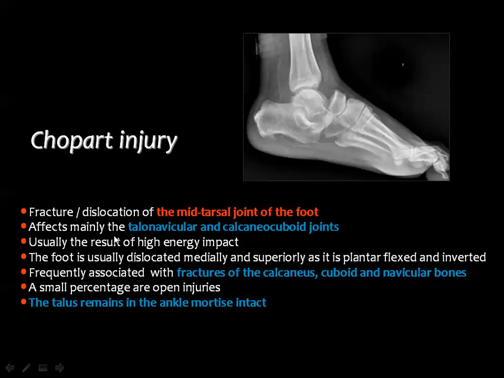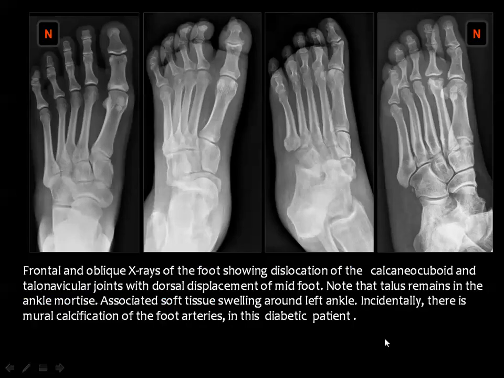It is usually the result of high impact trauma to the foot with dislocation of these joints, and sometimes fractures of the calcaneus, the cuboid, and the navicular bones. What is important in this type of injury is that the talus remains in the ankle mortise intact. It maintains its normal relation to the tibia.